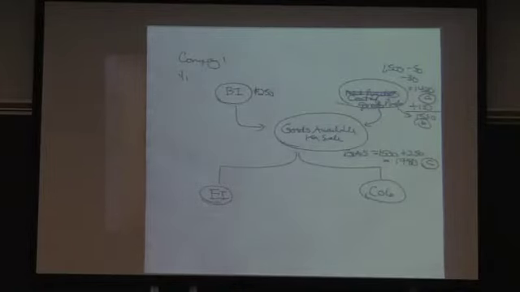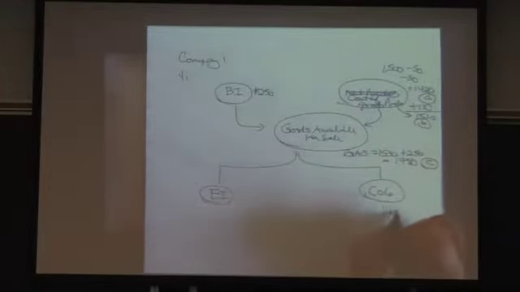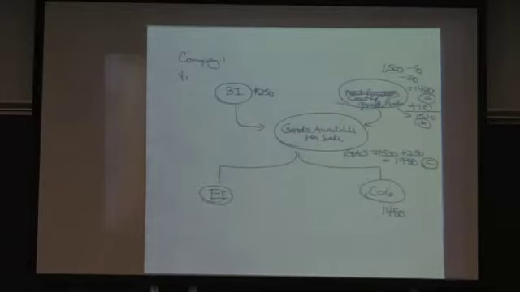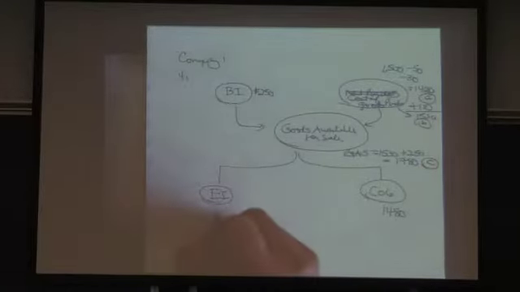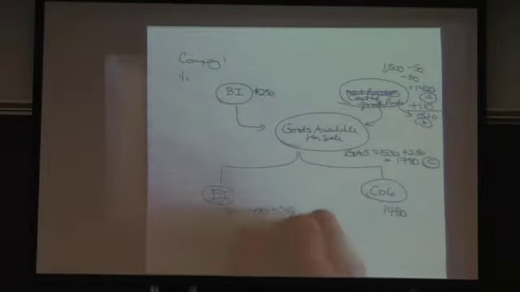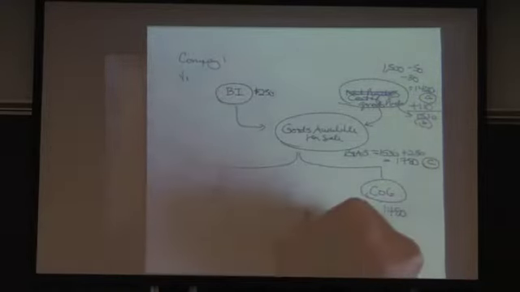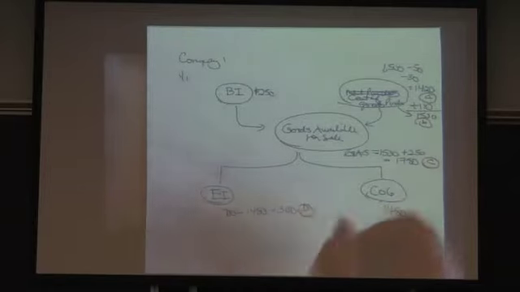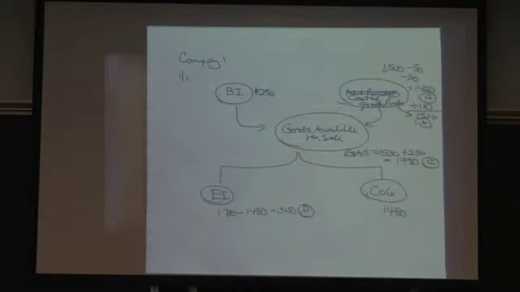Now, we're told that cost of goods sold is 1,480, which means that ending inventory has to be 1,780 minus 1,480. This means that this is 300, and this gives us letter D. Does that make sense?